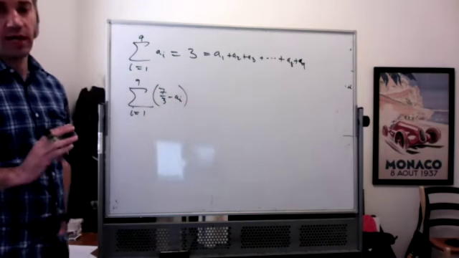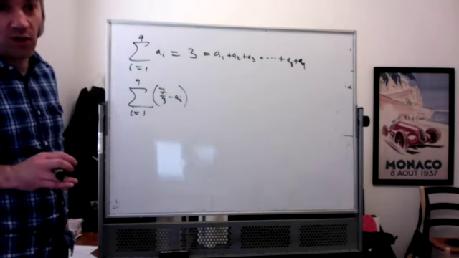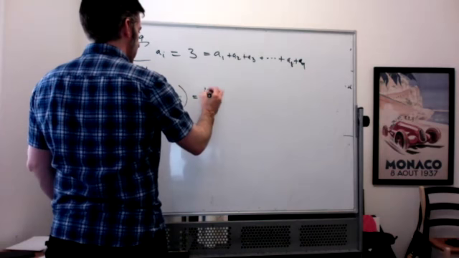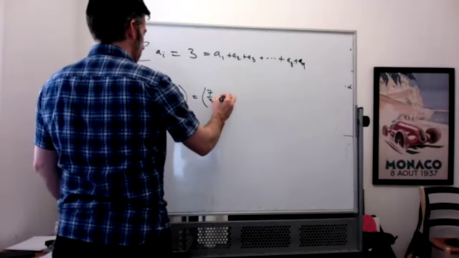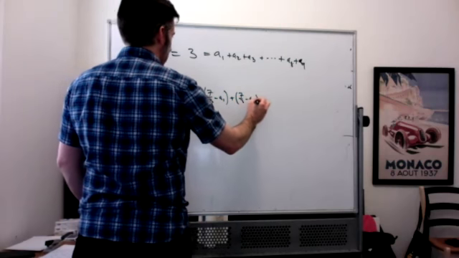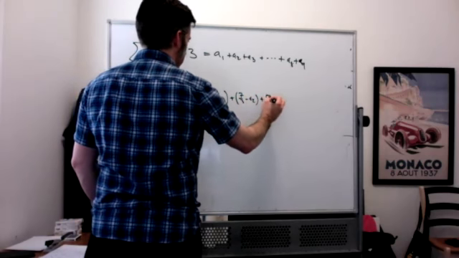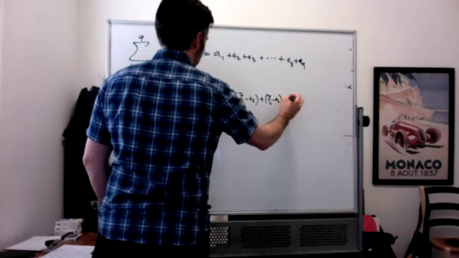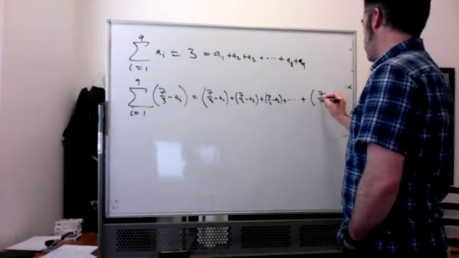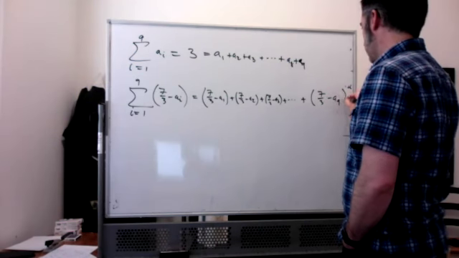Actually, I can't do this one both a long and a short way. So let me show you the long way. I'm going to add it up. This is 7/3 minus a1 plus 7/3 minus a2 plus 7/3 minus a3, all the way to the very last term, which is 7/3 minus a sub 9.